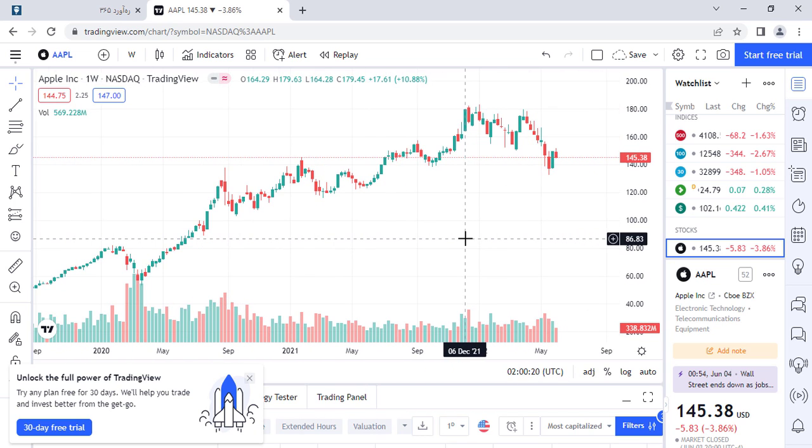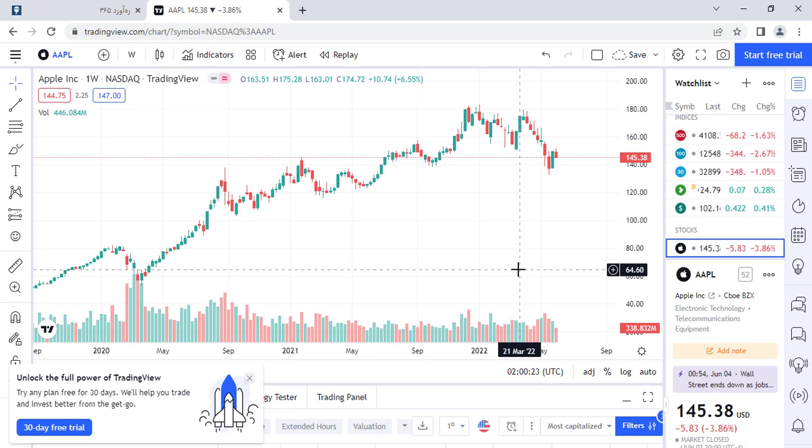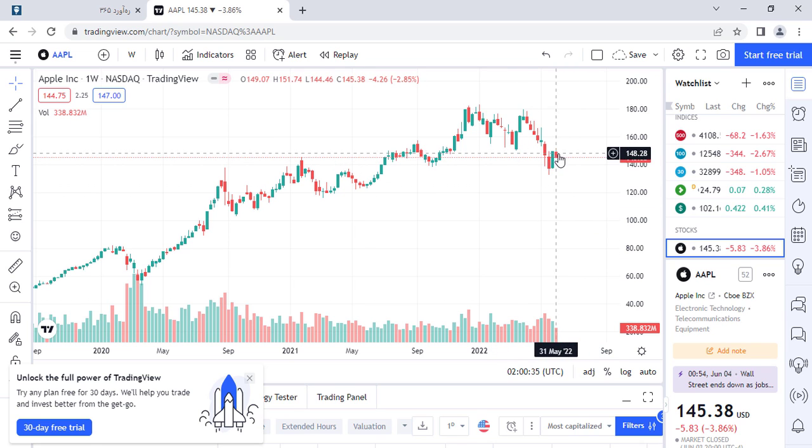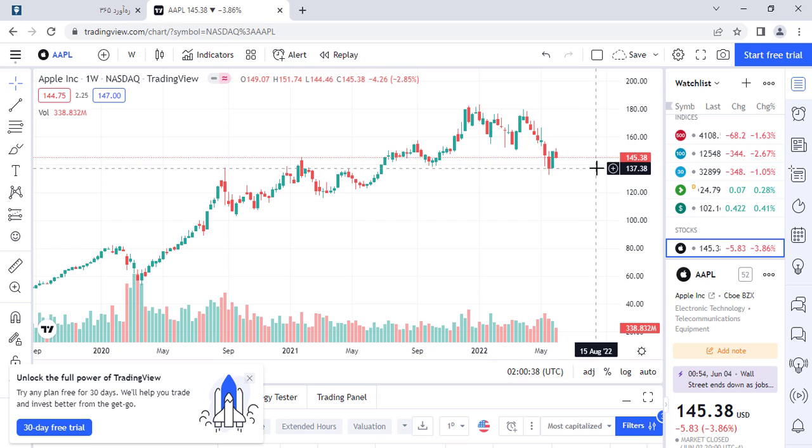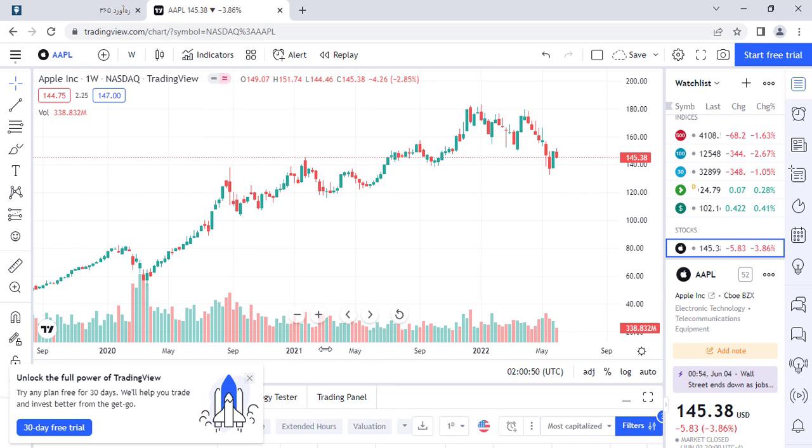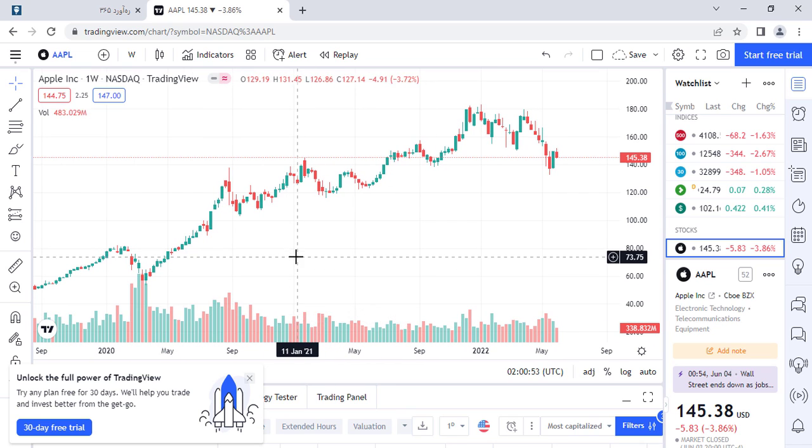We also have charts. In the vertical axis, we can see the prices. The vertical axis shows us the prices of the market, and the horizontal axis shows us the time that we are in. For example, here is May 22.